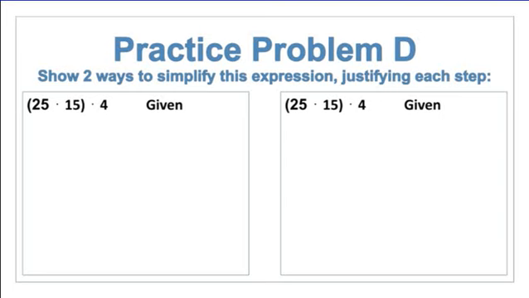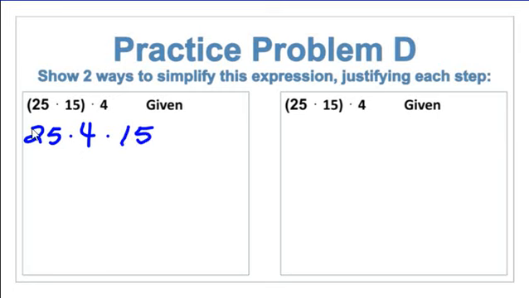So what I'm going to do is I'm going to remove the parentheses and switch the numbers around. So I have 25. I'm going to switch 15 and 4 around. So I'm going to multiply this by 4 and then multiply it by 15.